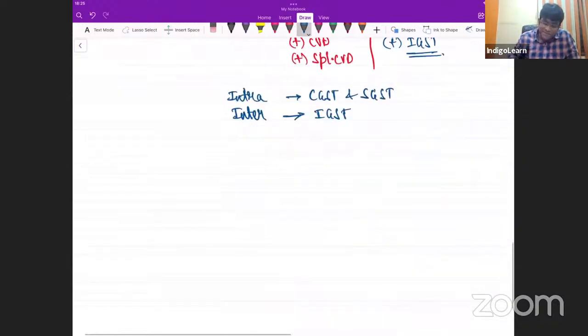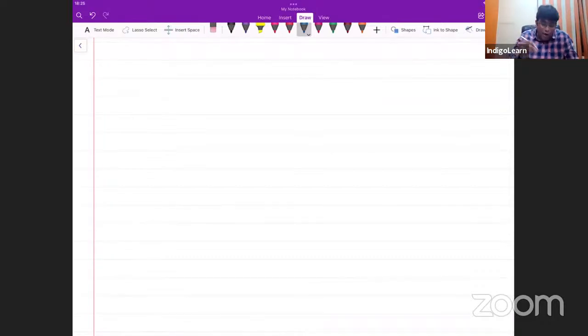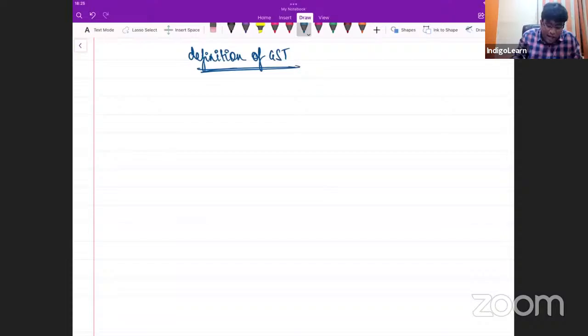Next point. Now, interesting question is, what is the definition of GST? That is important. Now, don't tell me, sir, goods and services tax. I know, but that goods and services tax is not a definition. It's only an expansion. It's only a full form.